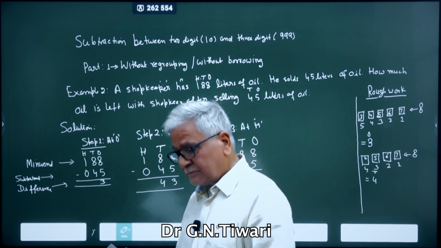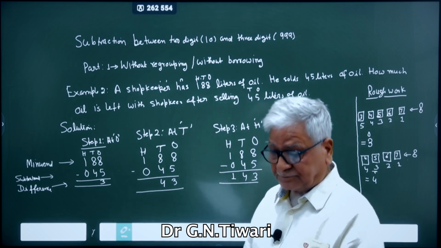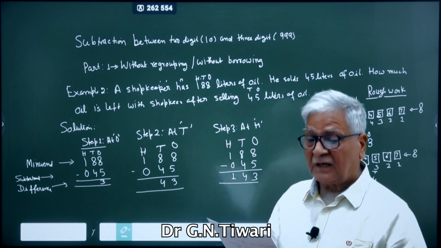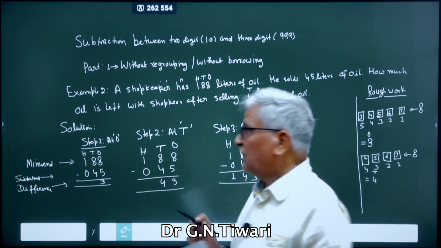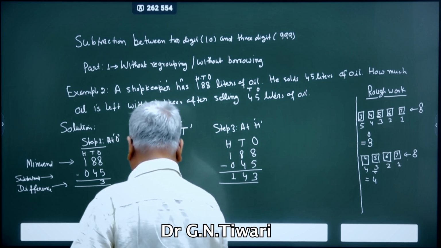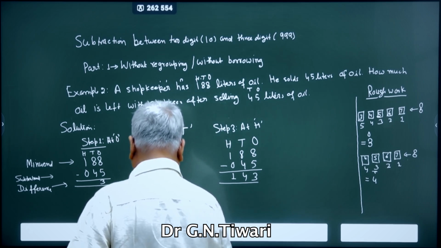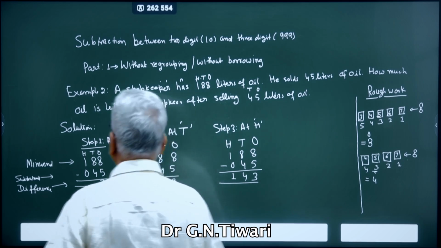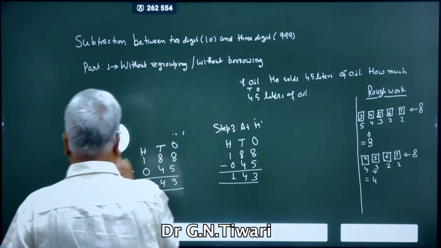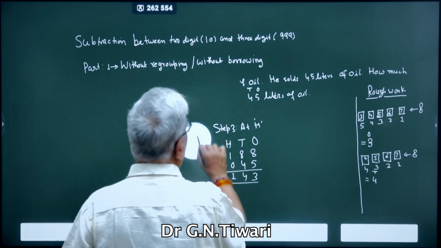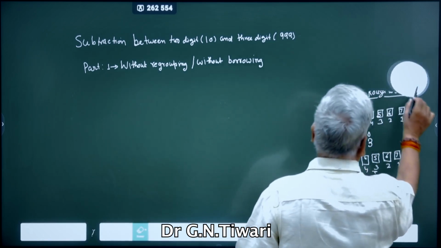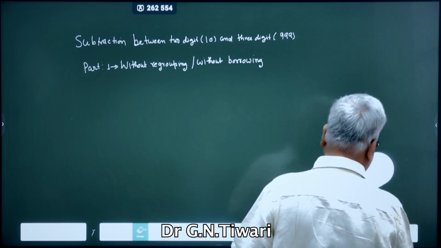Now, I will give another example, example 3, so that you will get another glimpse. Children should remember that in addition, forward counting is used, and in a subtraction, backward counting is important.